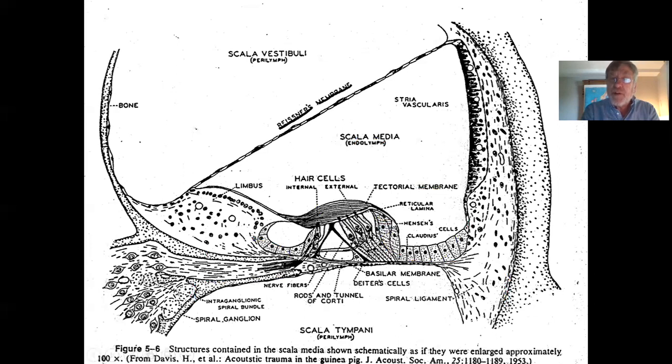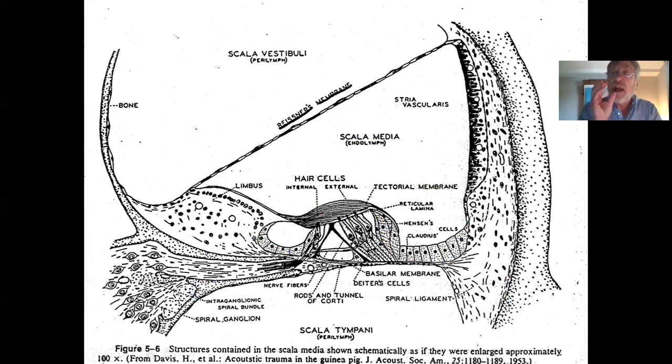See that where I'm tracing here? All of this fluid here, endolymph, is kept separate from the fluid that bathes the walls of the cell bodies of the hair cells. And this fluid in here, do you remember from a couple of weeks ago, is called cortilymph. And cortilymph is like perilymph inside the scala media.